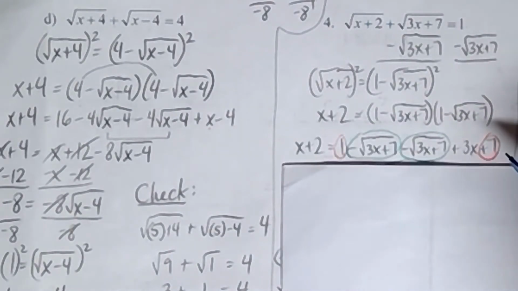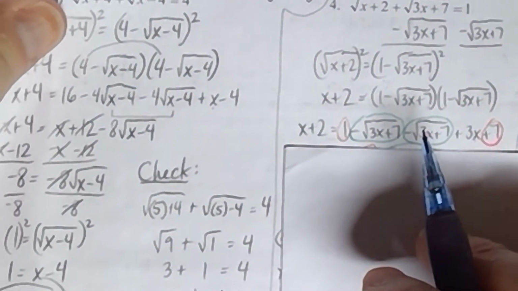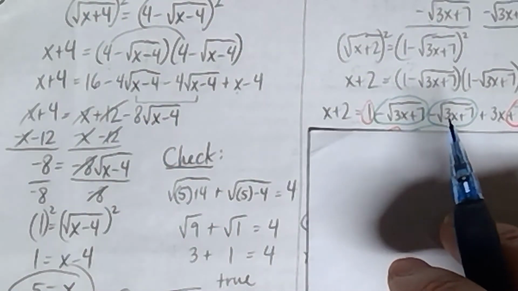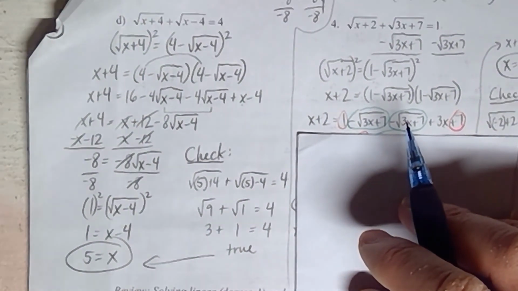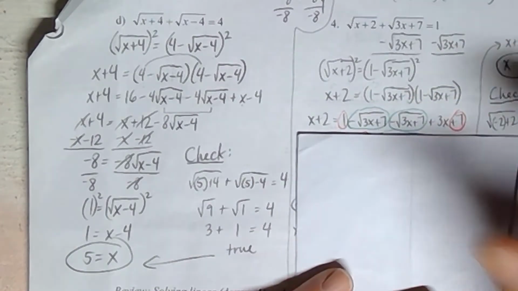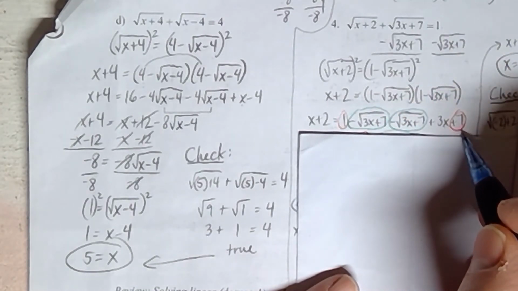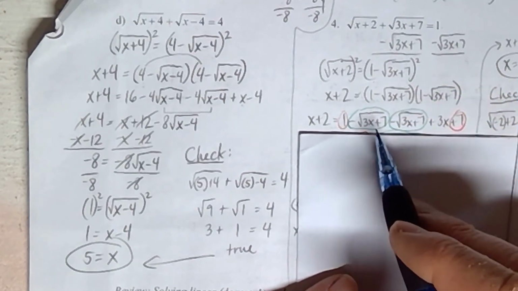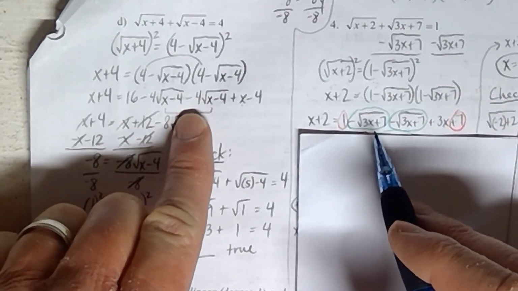Pardon all the color there. I was just emphasizing some things there, which I'll point out once again. So multiplying this out, these are the things that I get right here, just in the same way I multiplied this out.